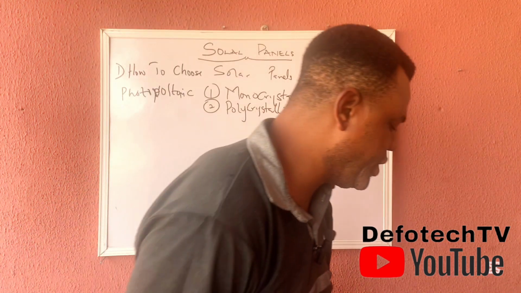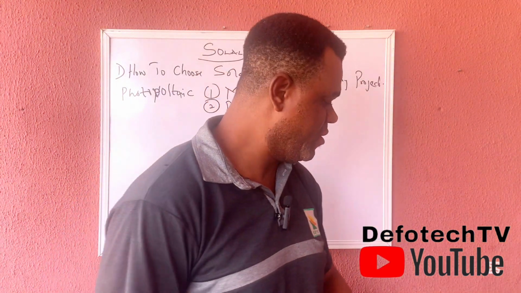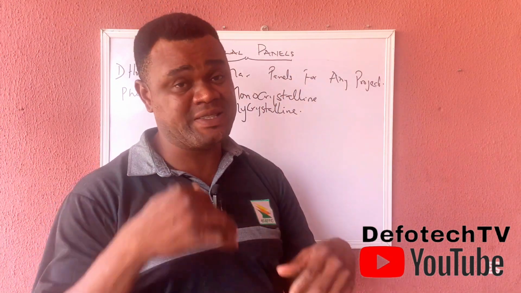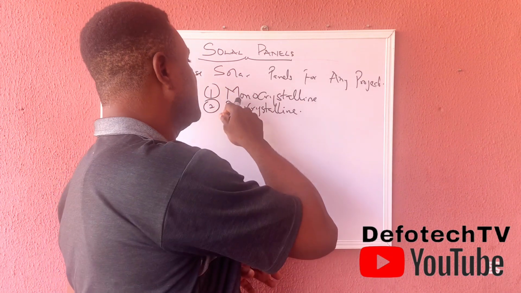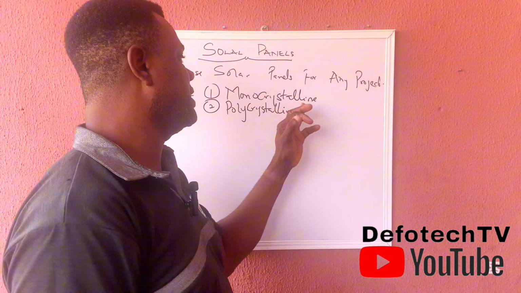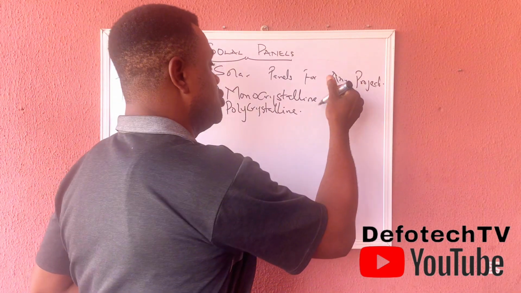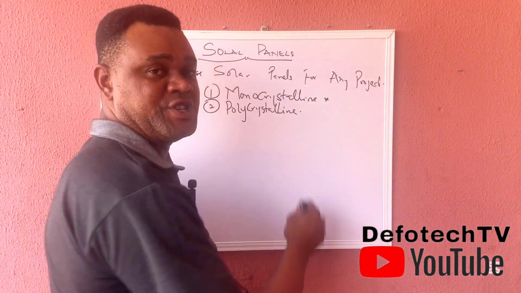But today we're considering how you choose panels, your PVs, for installation. The best type I will always advise, especially in this part of the world where we are, is the monocrystalline kind of panel. You should note that they are more expensive and they are more efficient.